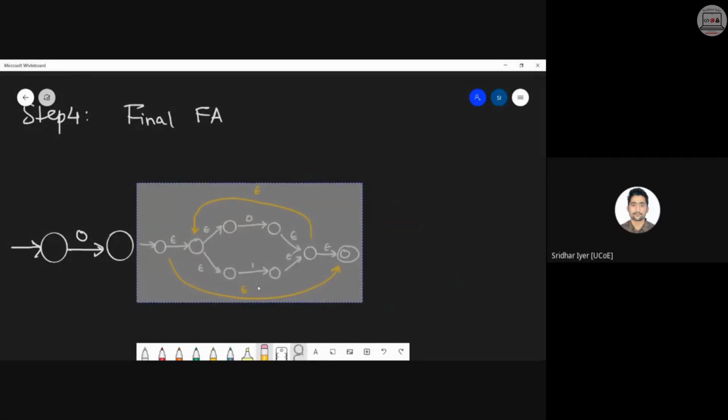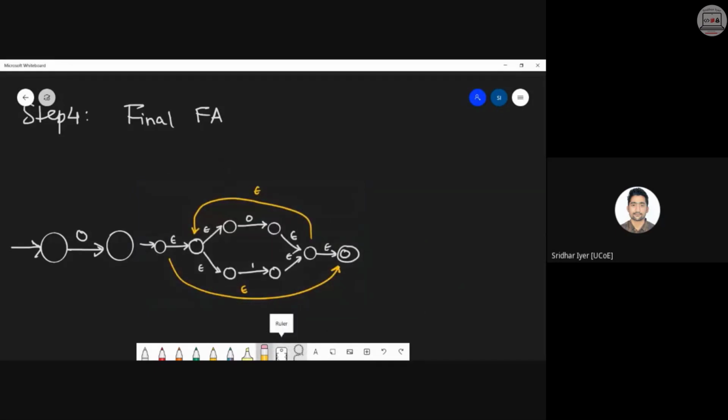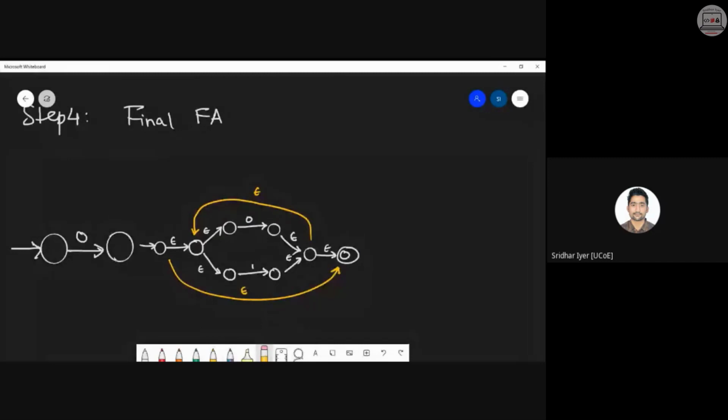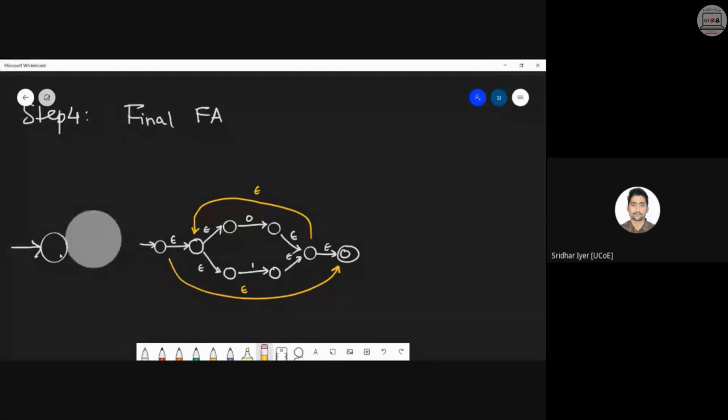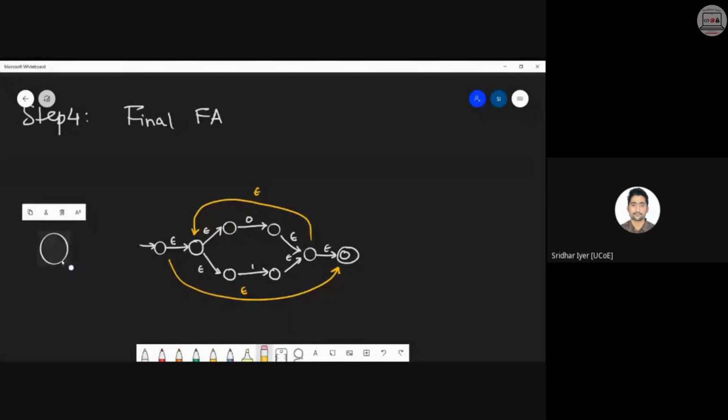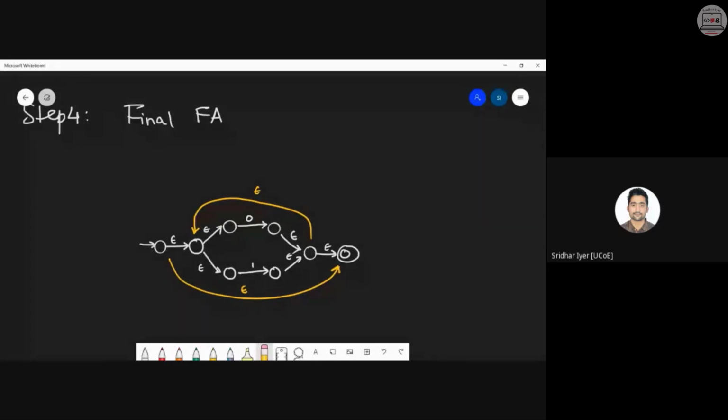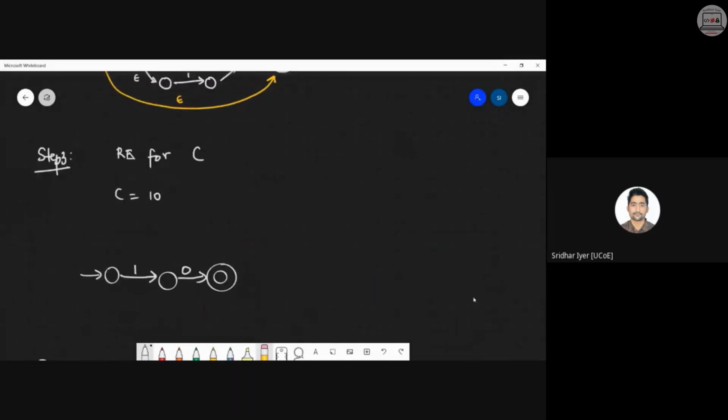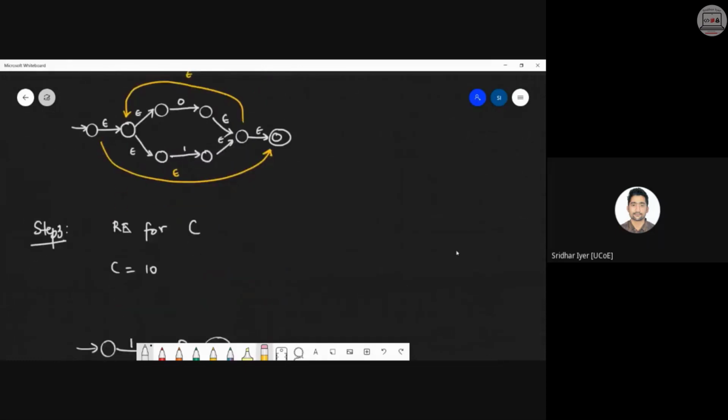So what I can do is I can remove this state. Let me draw the first state once again to make things clear. What was it? It is 0.